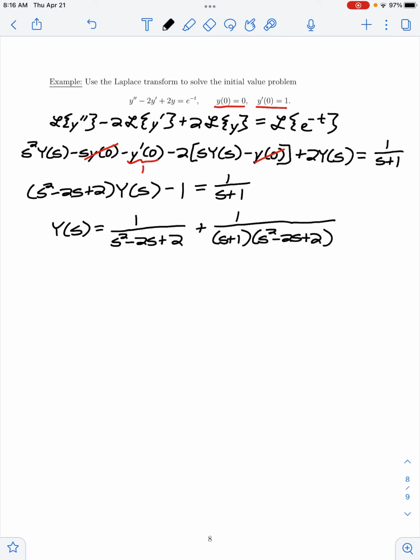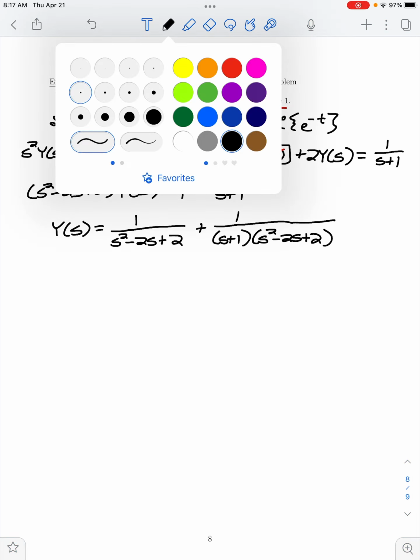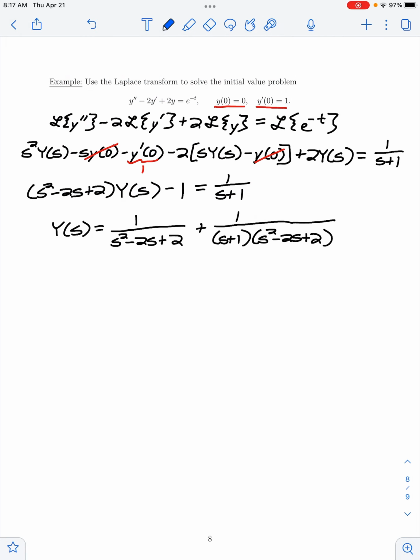So here, my capital Y expression is the sum of these two rational functions. And from here, I need to try to find my inverse transform. So when I look at this second term, I see that my denominator is a product of two factors, s plus 1, and this irreducible quadratic, which can't be factored down to linear terms.